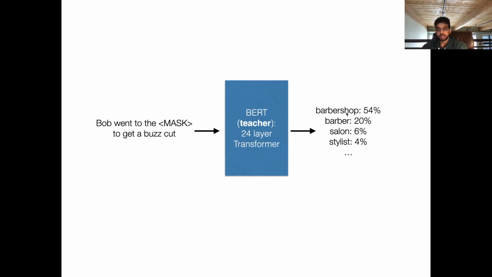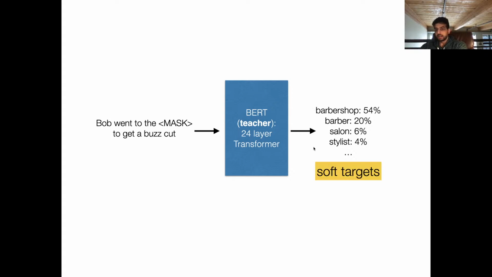So maybe barbershop and barber and salon and stylist all get some probability, and other words that are not relevant to this context get a low probability here. So for every mask token, we can get a predicted probability distribution like this over our entire vocabulary using our teacher model, right?